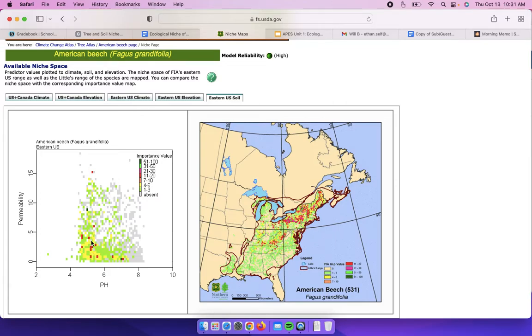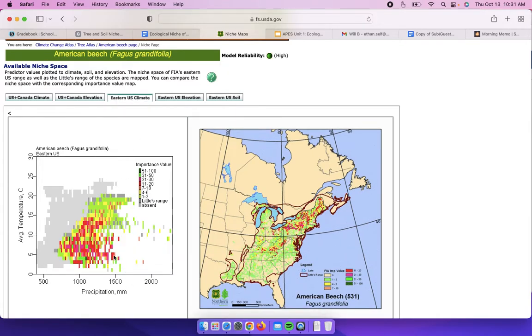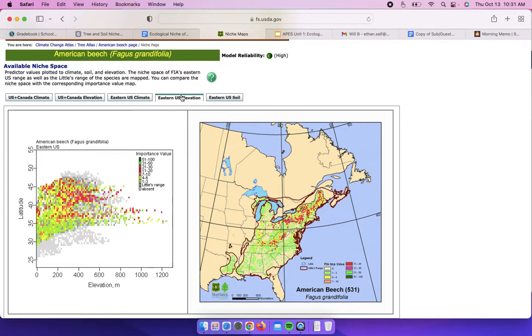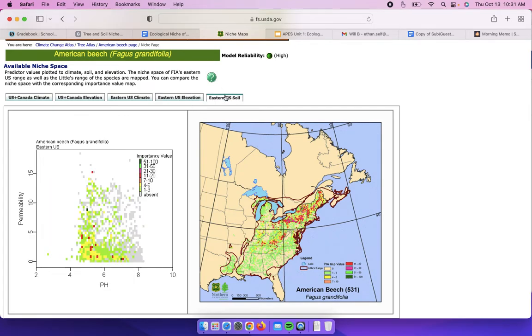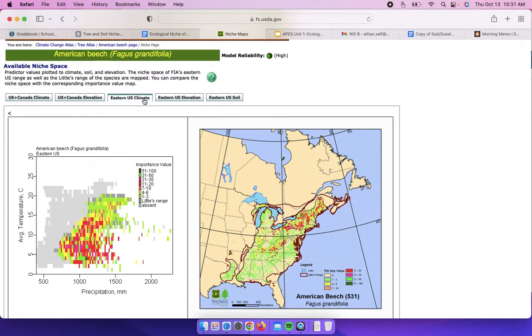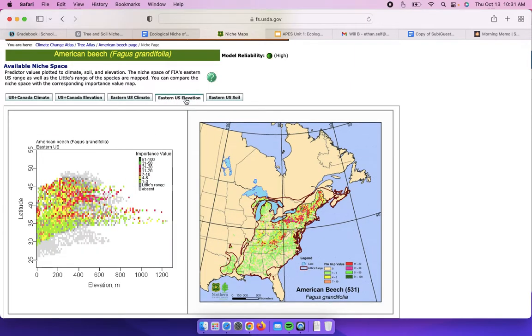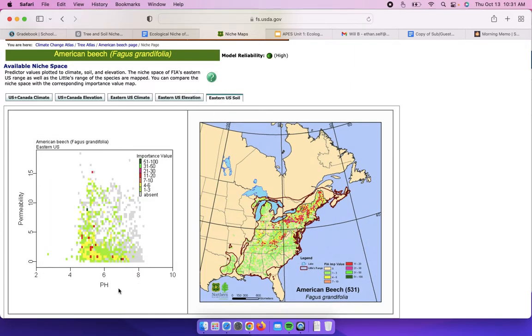It looks like the red dots are more acidic and tend to have lower permeability. Permeability being how fast water moves throughout it. So again, we're going to be looking at temperature and precipitation, latitude and elevation, and soil pH and permeability. This is basically telling us about photosynthesis, temperature, and also nutrient availability.